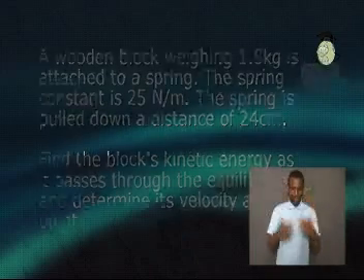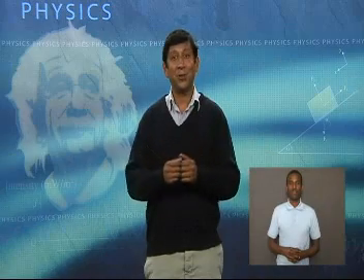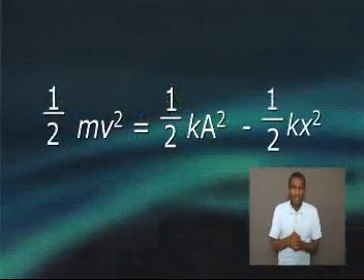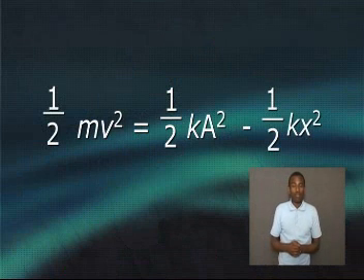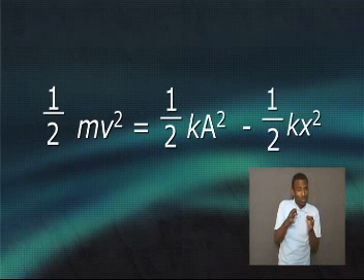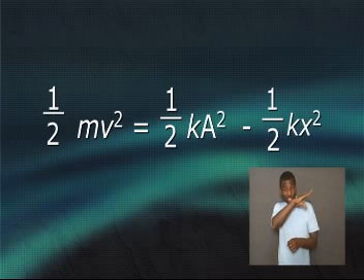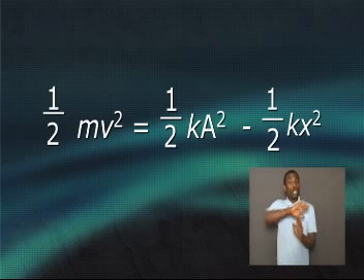Time's up. Let's get back to our lesson. Hello, students. How did you do? In order to determine the kinetic energy, we can subtract the potential energy from the total energy.